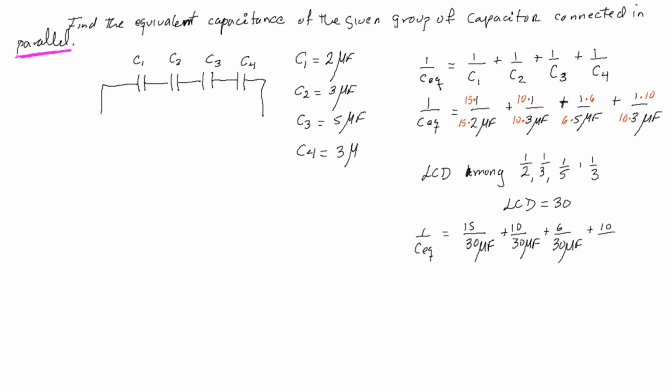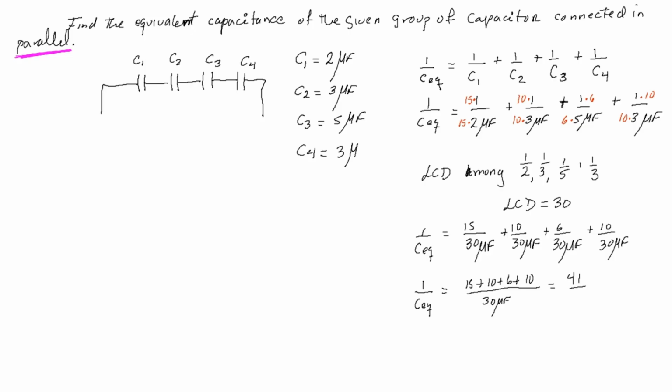I have the same denominator, 30 microfarads, in all my fractions, so I can add the numerators, keeping the same denominator. I get 15 plus 10 plus 6 plus 10, which is equal to 41 over 30 microfarads.